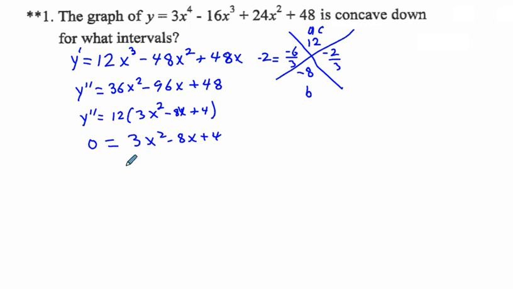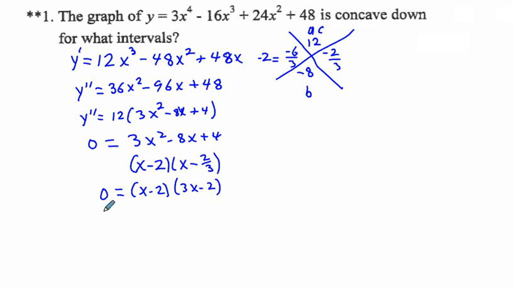So what we're going to have is x minus 2 times x minus 2/3. So we use the bottoms up method for this. We get 0 is equal to x minus 2, and then 3x minus 2.